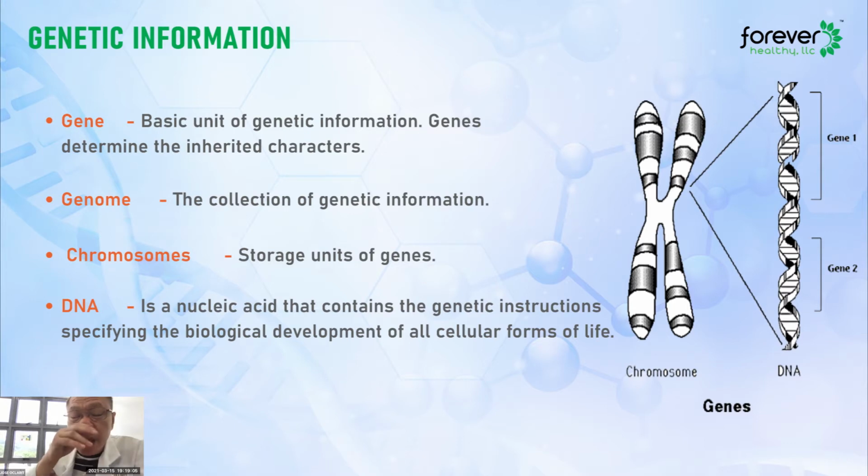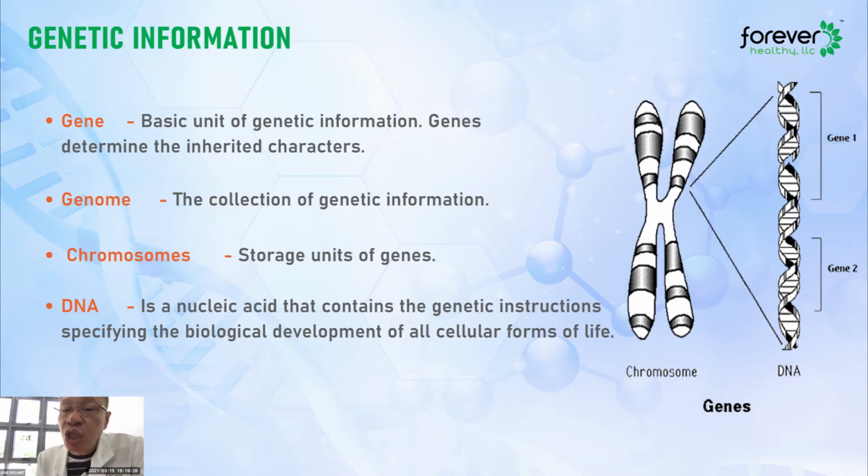You can see in the diagram the tetrad, two long arms and two short arms connected through a centromere. That tetrad is due to the double helix structure, which is the basic structural unit of genes.